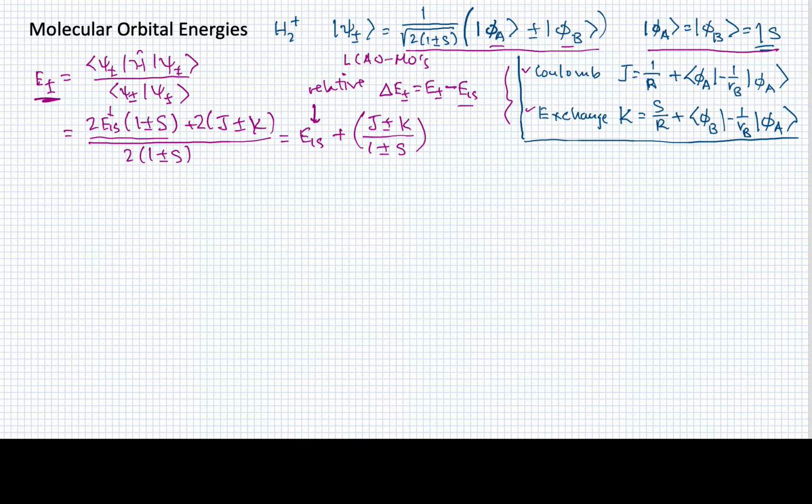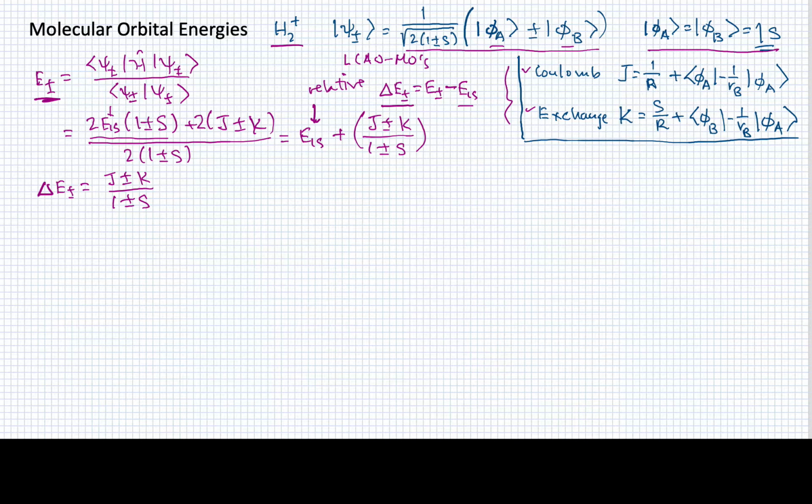This is where it would be if we just had a single atom. So this is going to tell us something about the binding energy of the molecular ion H2+. When we write that explicitly, delta E plus or minus is simply equal to J plus or minus K divided by 1 plus or minus S.